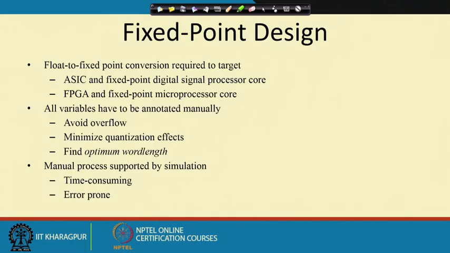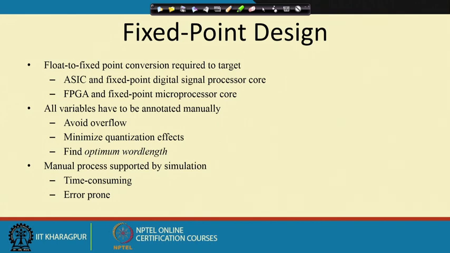If you calculate the percentage of error, it will be near about 17%. So 17% error I am accumulating because of this floating point to fixed point conversion.